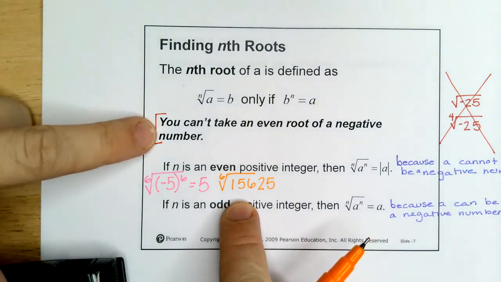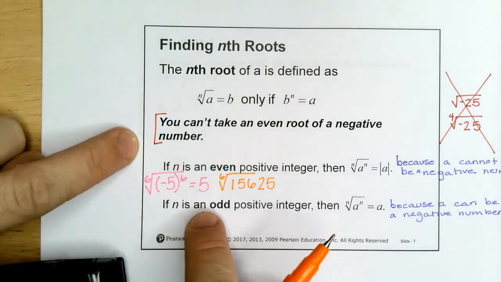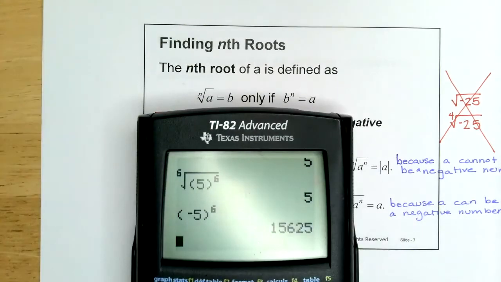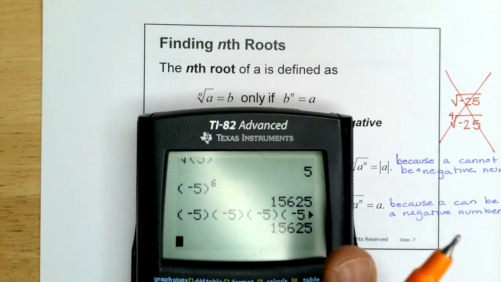That immediately becomes positive because we multiplied times a negative 6 times: 1, 2, 3, 4, 5, 6. Right? Each pair makes a positive.